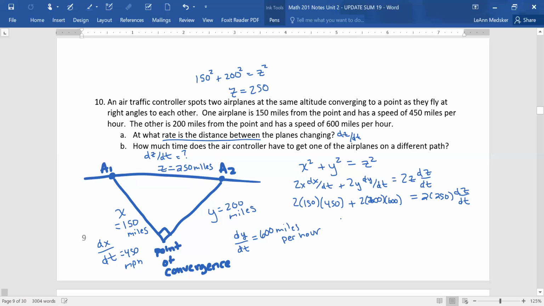So we get that this is 135,000 plus 240,000 equals 500 dz dt. If I add those together, I get 375,000 equals 500 dz dt. Divide by 500, and we're going to get that this is 750 miles per hour.